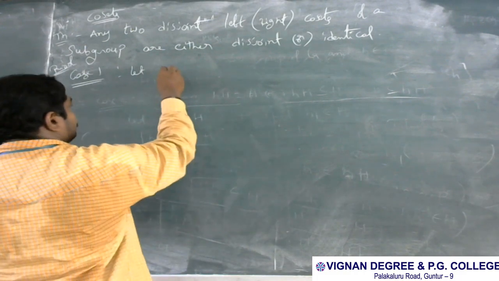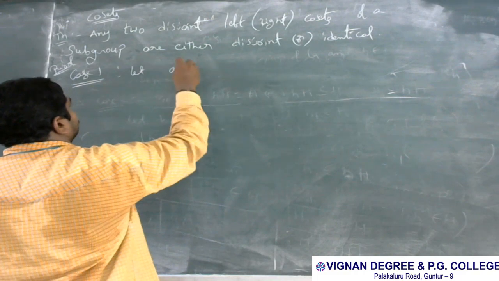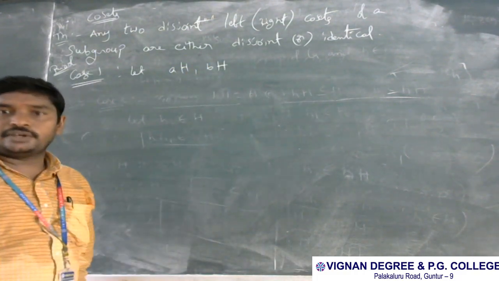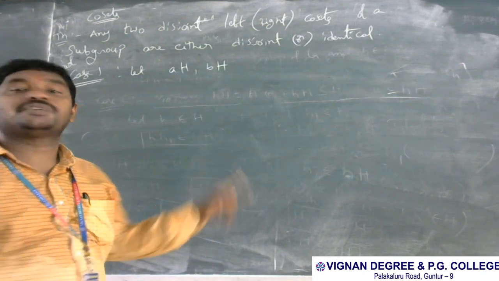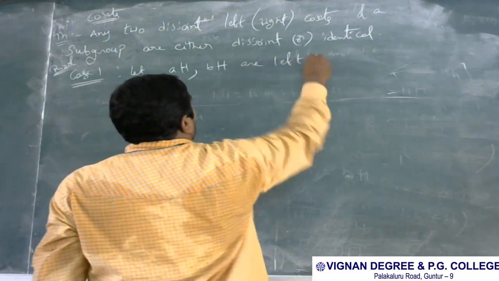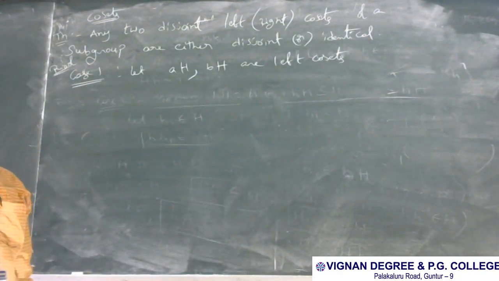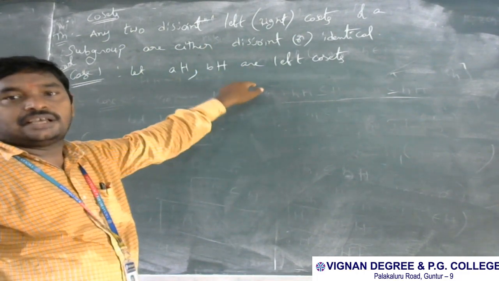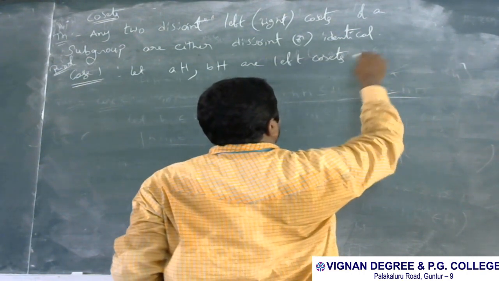Let aH and bH be left cosets, a in G and b in G. I am taking first left cosets.